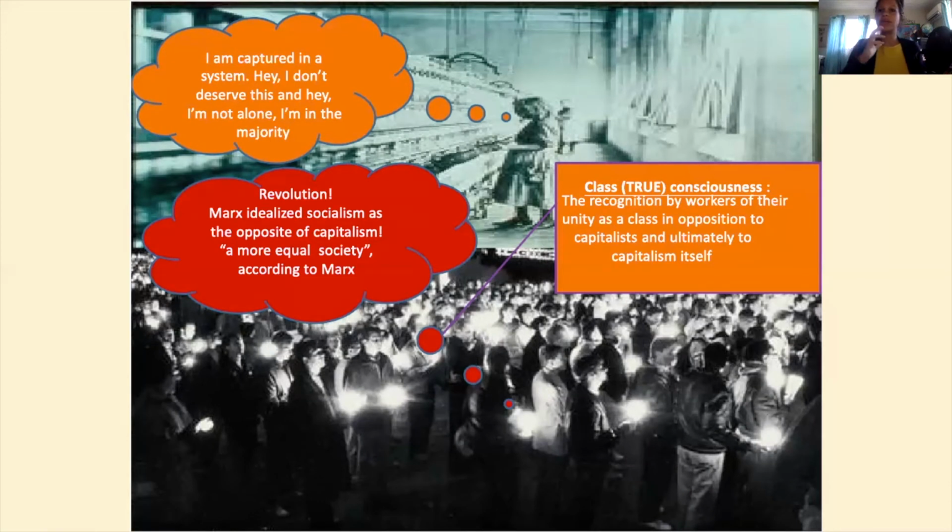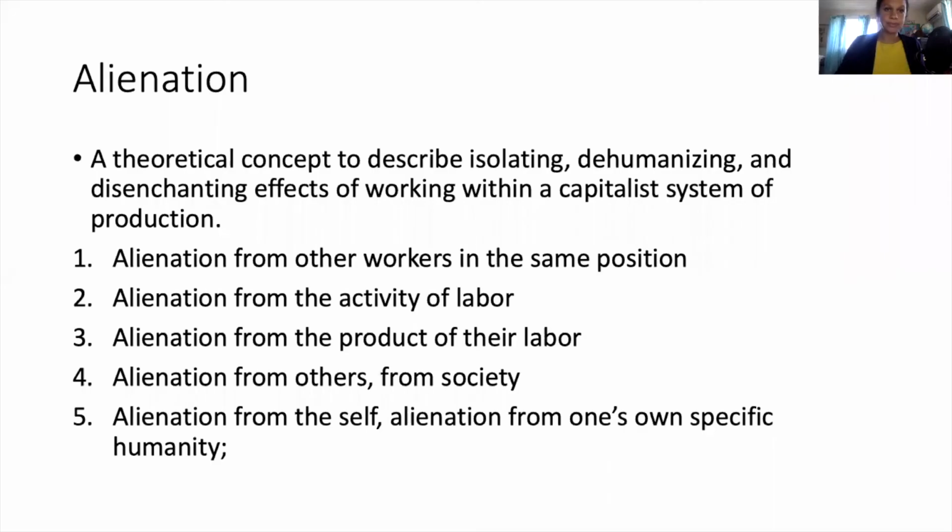If they came to grips with the depths of their exploitation by the bourgeoisie and the capitalist system they controlled, he really believed they would wake up. Of course, for Marx, this would end in a more fair society, which would begin with socialism and end up with communism.